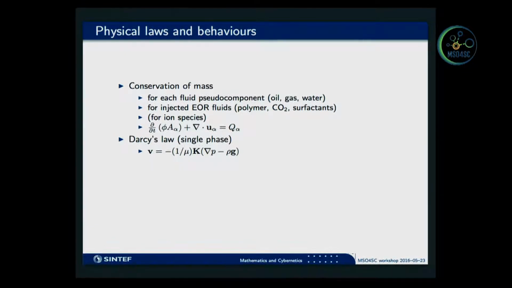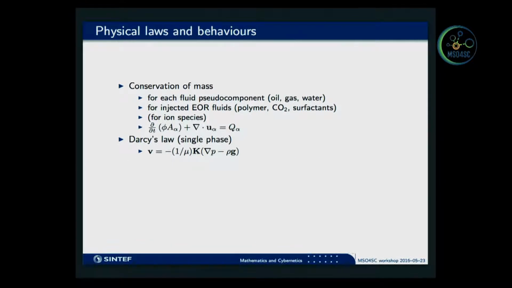The permeability is a proportionality constant between the pressure gradient and the flow velocity. And then you divide by the viscosity of the fluid. So far, so good. This is not a law that has been derived originally from first principles, but it's an experimental law. Darcy made experiments and derived this law many years ago.